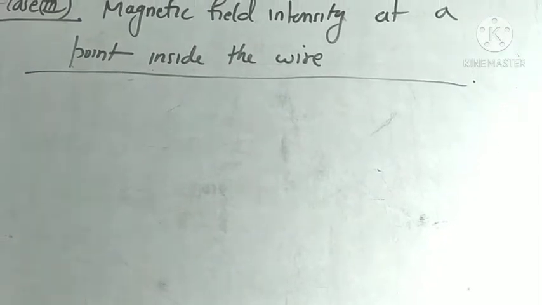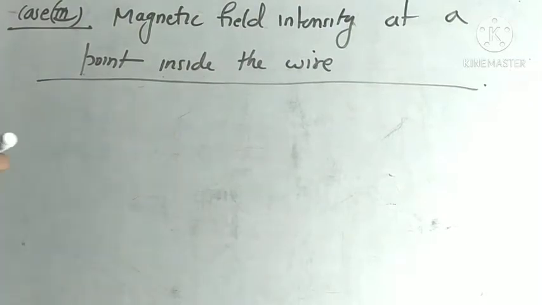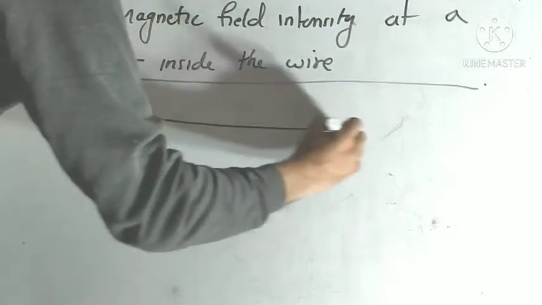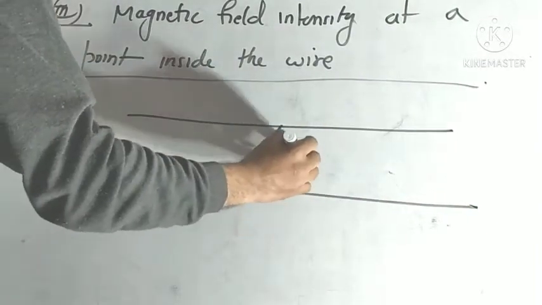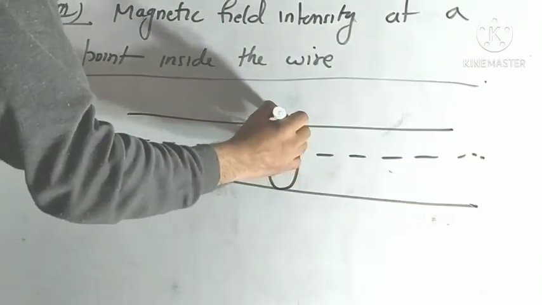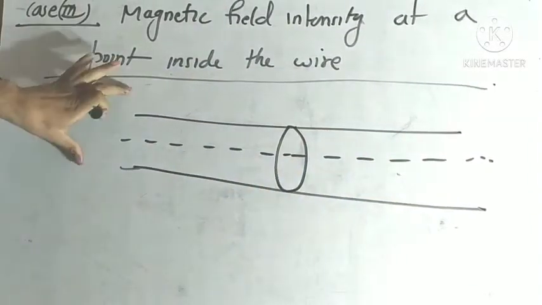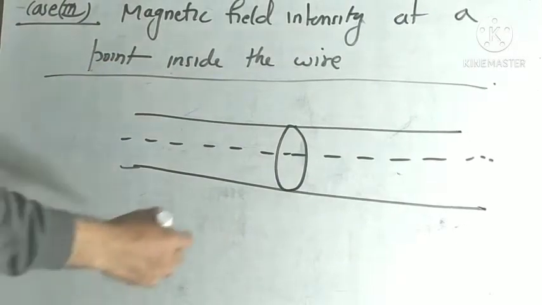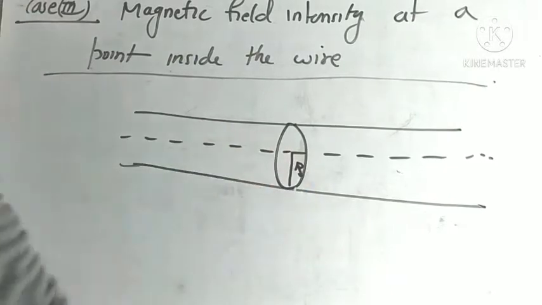Case number 3, magnetic field intensity at a point inside the wire. Here we will take a wire in the form of a cylindrical shape. This is the axis of the wire, and current flows through its outer surface. This is a hollow cylindrical wire, and R is the radius of this wire.